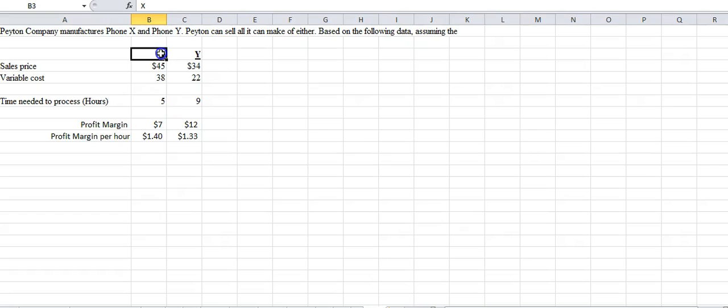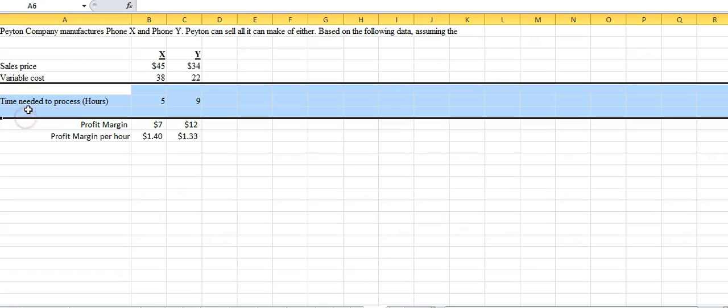So I could sell 100% of X or I could sell 100% of Y. Based on the following data, the sales price is 45 for X and 34 for Y, and the variable cost is 38 for X and 22 for Y.